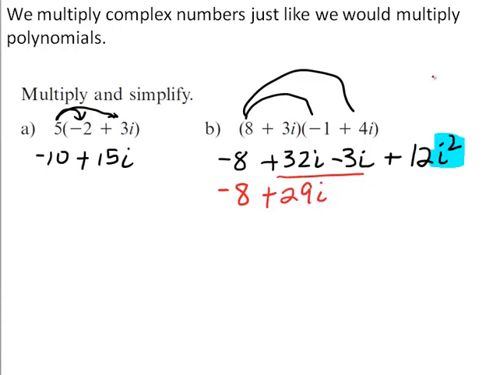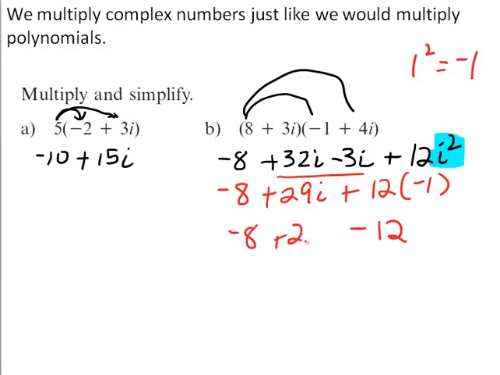Now, I want you to remember something important here, because i squared equals negative 1. So this will be the same as plus 12 times negative 1, or minus 12. Negative 8 plus 29i minus 12.